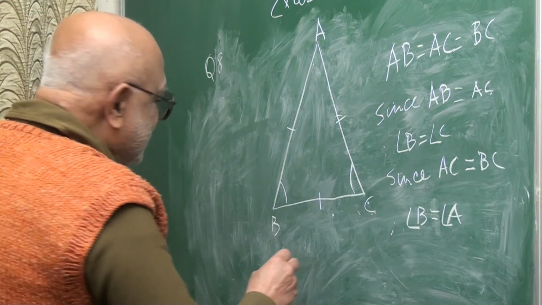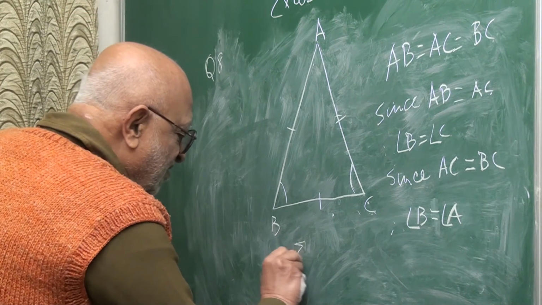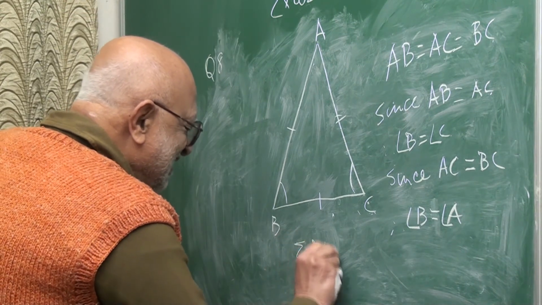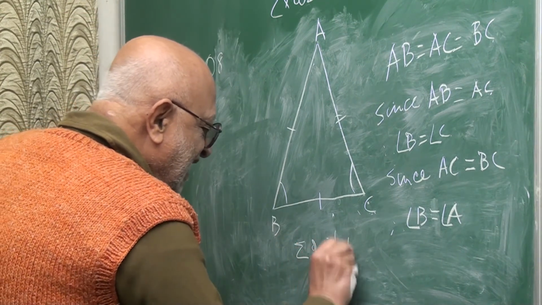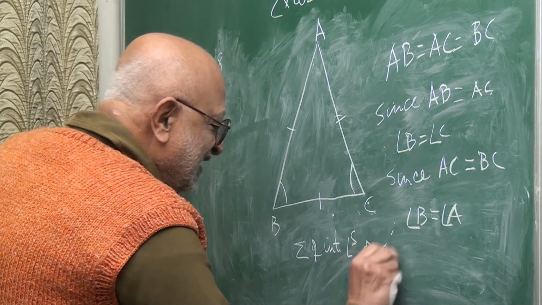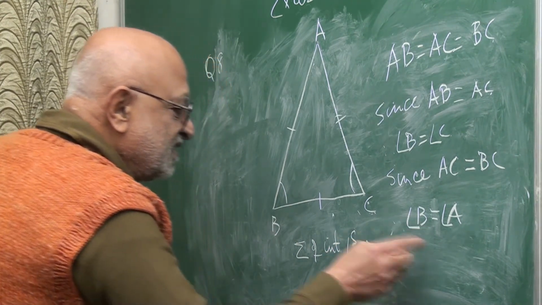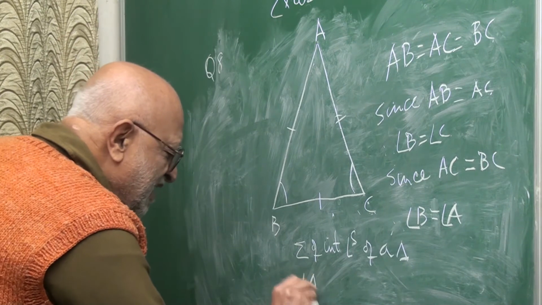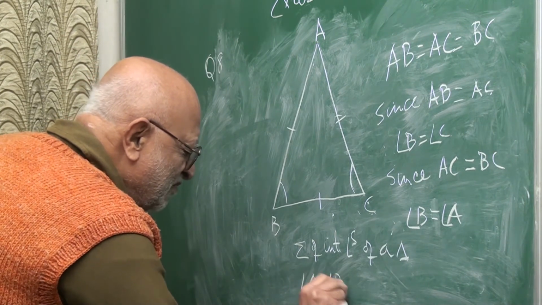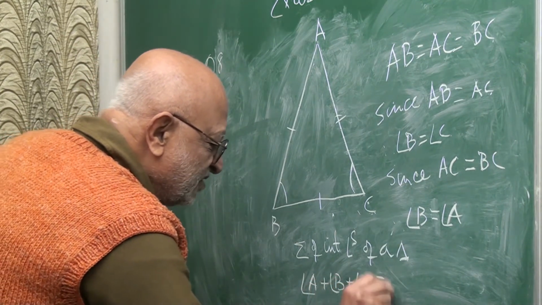Again, sum of internal angles of a triangle: angle A plus angle B plus angle C is equal to 180.